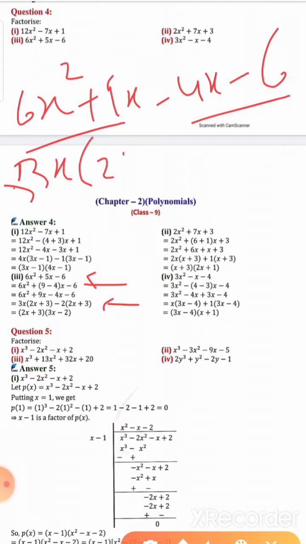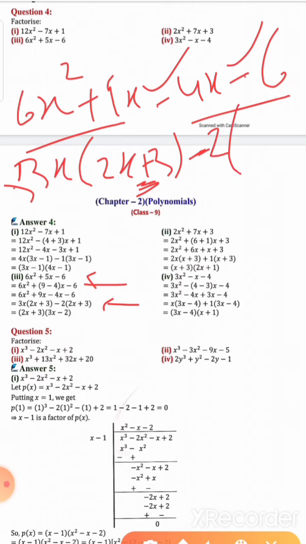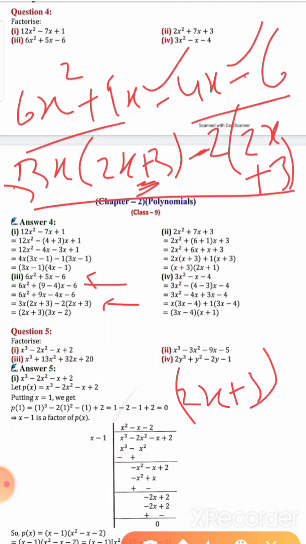The rest term is 2x plus 3, and in the last bracket, here we want a plus symbol in the bracket, so both being negative, we take the negative common, then we take 2 common, here the bracket is 2x plus 3. In the whole pair we take 2x plus 3 common, we get the rest bracket 3x minus 2. So the factor of our quadratic polynomial is 2x plus 3 into 3x minus 2.